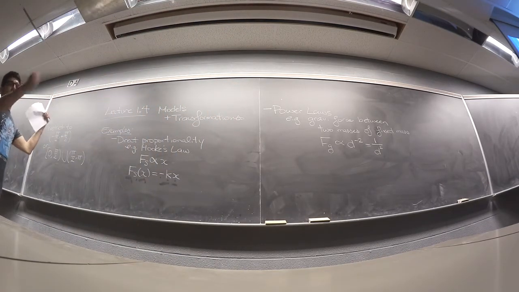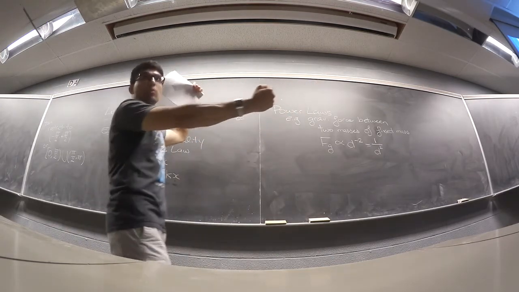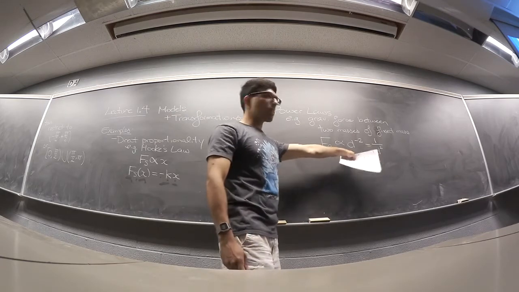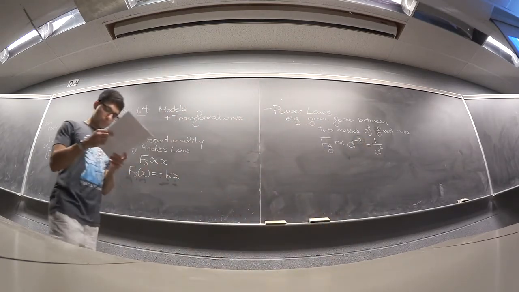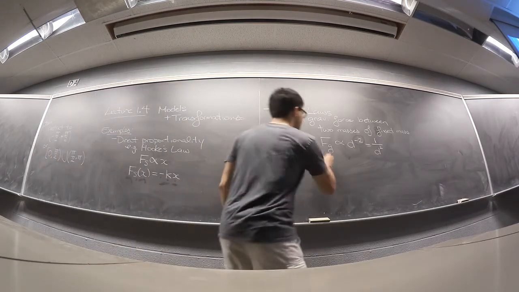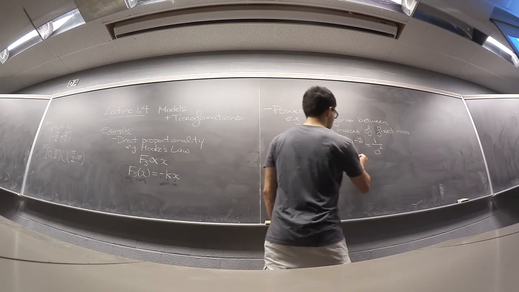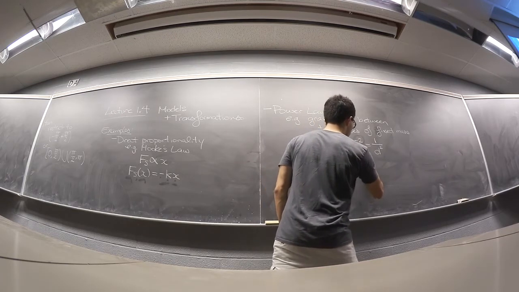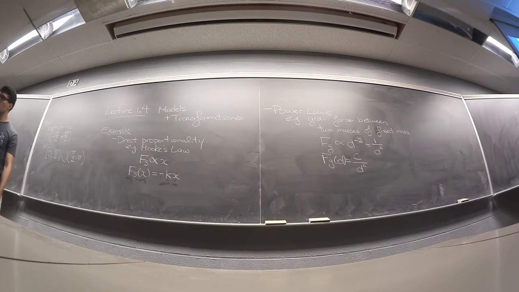The force pulling them together because of gravity is proportional to the inverse square of the distance between them. Okay? And it's a power law because look at that. If you want to write this as a function, you'd write something like this, where c is, in this case, a positive constant.